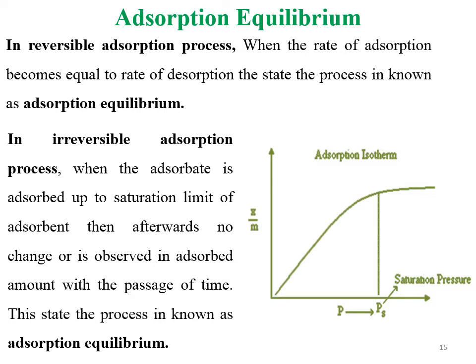However, when the adsorbate is adsorbed up to the saturation limit of the adsorbent, afterwards no change is observed in the adsorbed amount with the passage of time. This state is also known as adsorption equilibrium, and this type is static equilibrium, where after equilibrium there is no movement of molecules from the surface of the adsorbent.